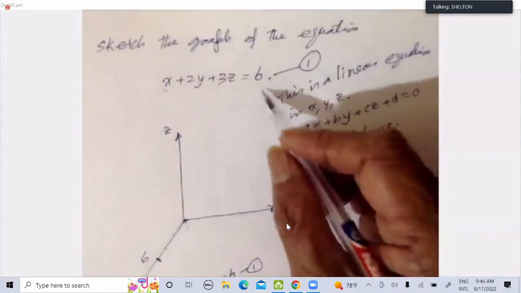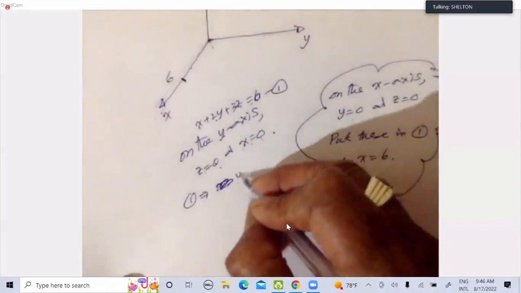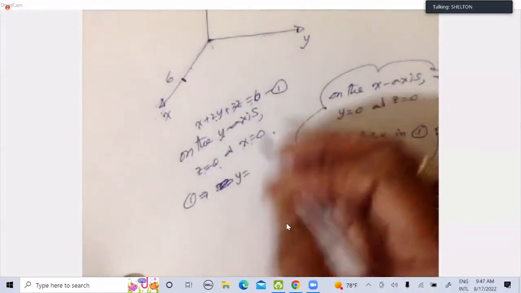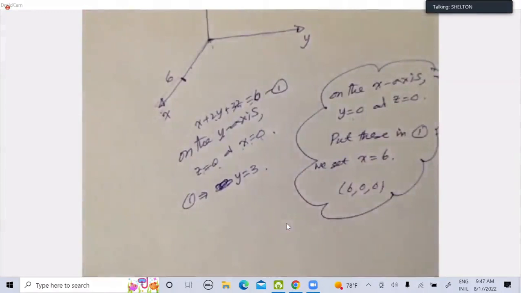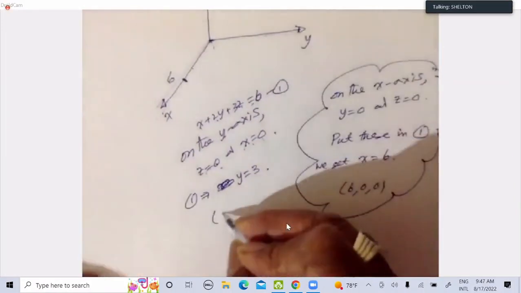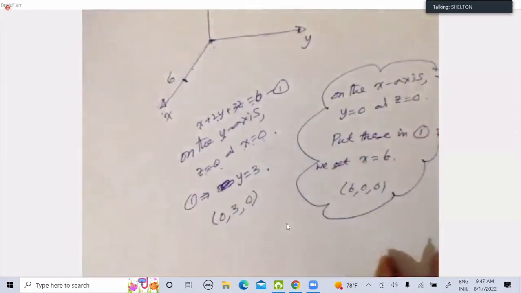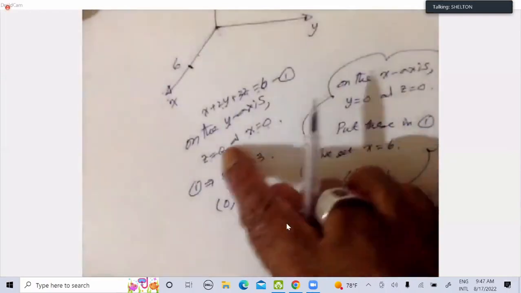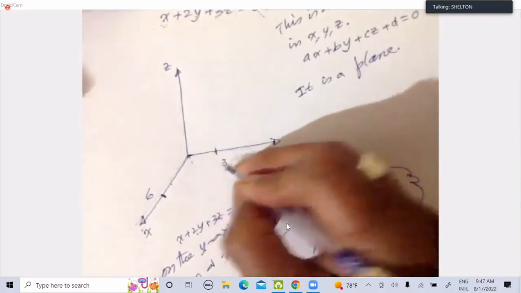I'm trying to plot this now. So 2y is equal to 6, y is equal to 3. So it goes through the point with y coordinate 3. These three numbers satisfy this equation. So let us say 3 is there on the y-axis.